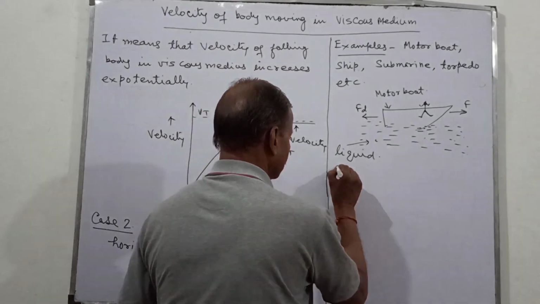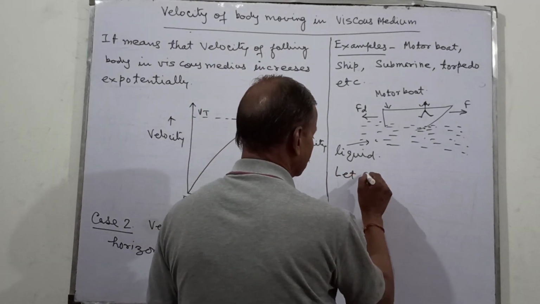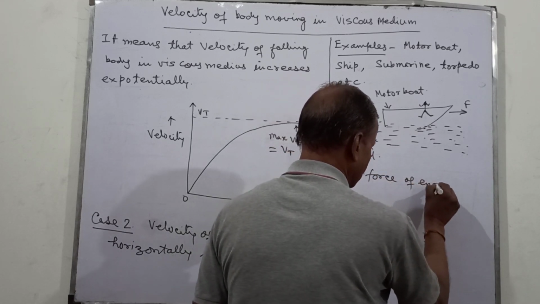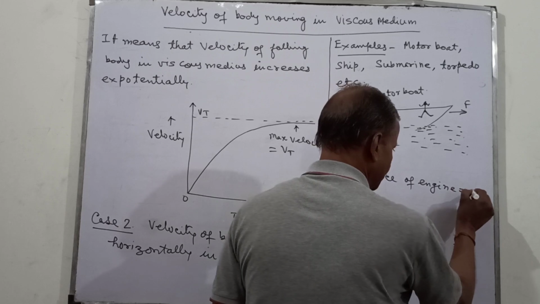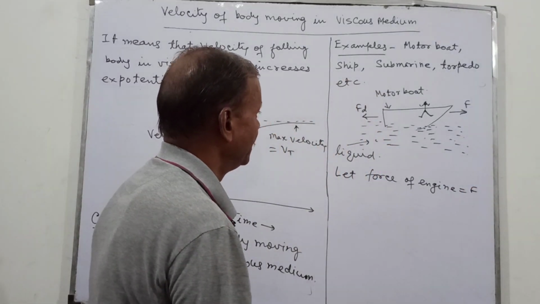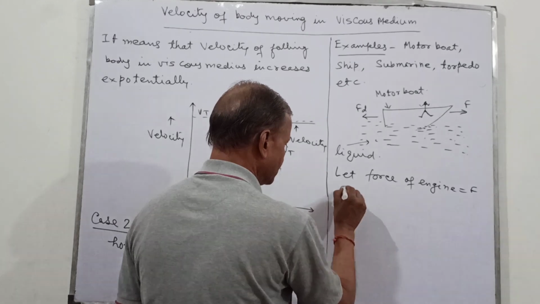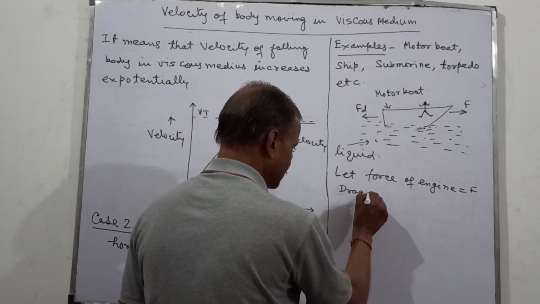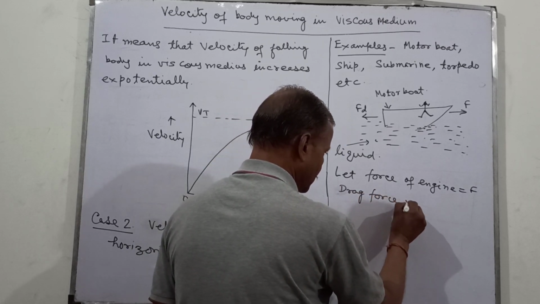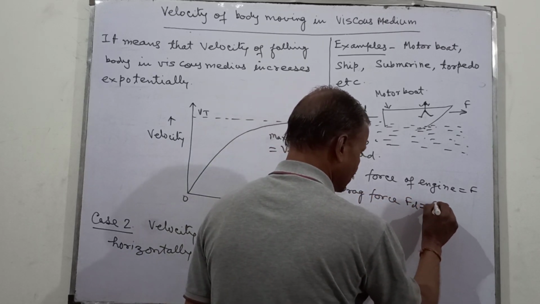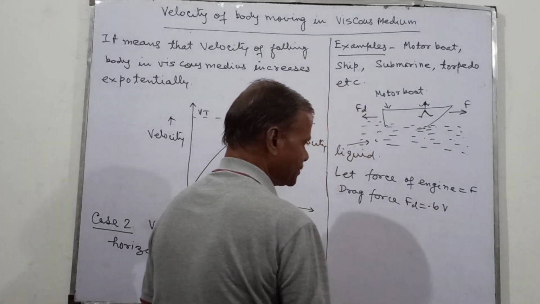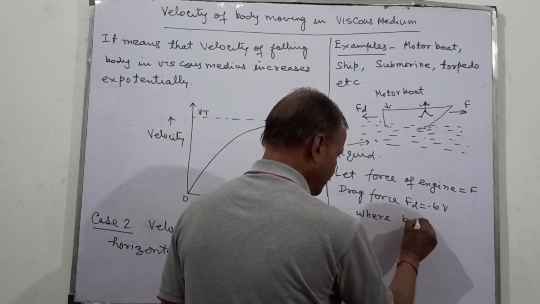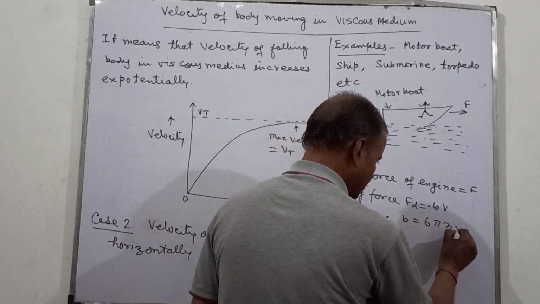So let the force of the engine be F, and the drag force Fd is equal to minus bv, where b equals 6 pi eta r.